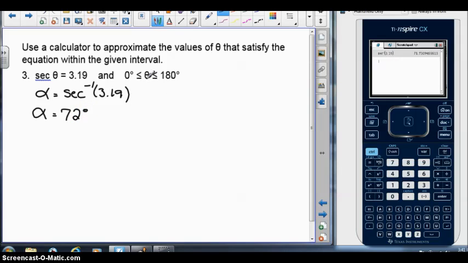It says we need to be between 0 and 180 degrees, and we know that in the first quadrant secant is positive, and in the second quadrant secant is negative, so 72 degrees is actually our answer.